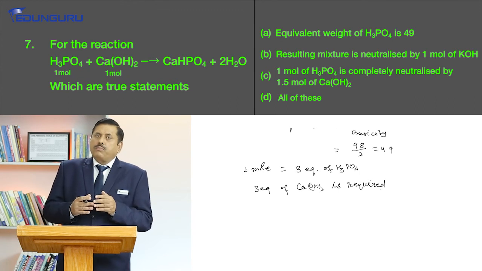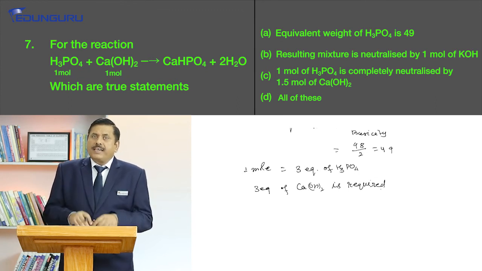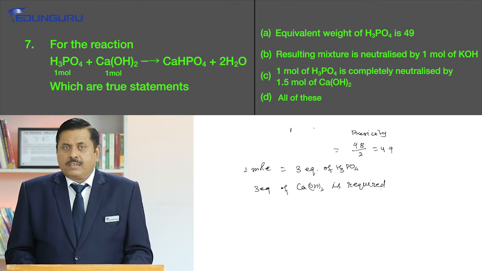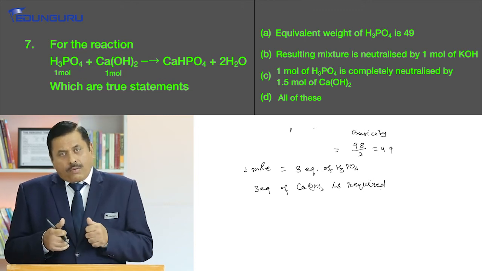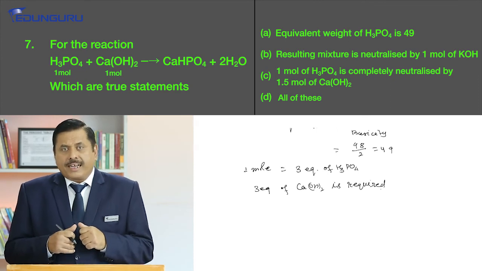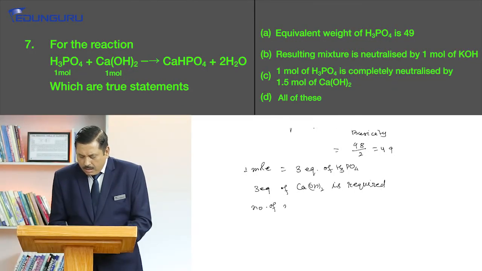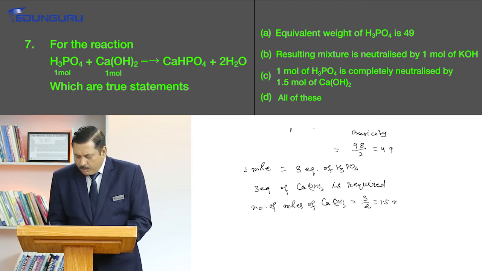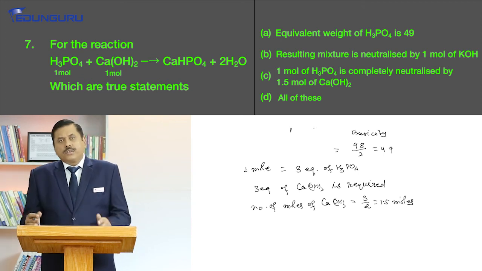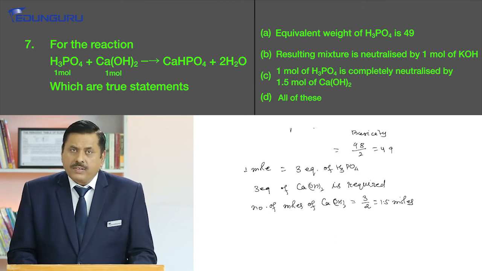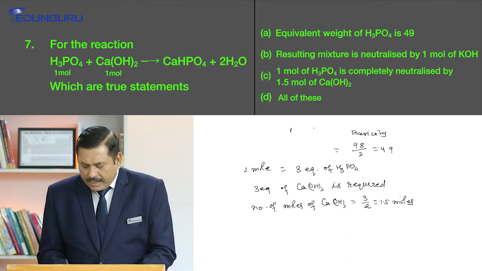Now, the acidity of calcium hydroxide during its complete neutralization is of course equal to the number of replaceable OH minus ions, which is 2 in this case, and therefore, the number of moles of Ca(OH)2 will be equal to 3 by 2, that is 1.5 moles, and therefore, the third statement is also correct, and hence the fourth option, all of these, is the right choice. So, the correct answer is D.